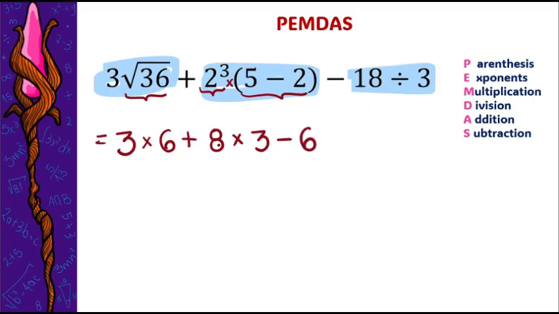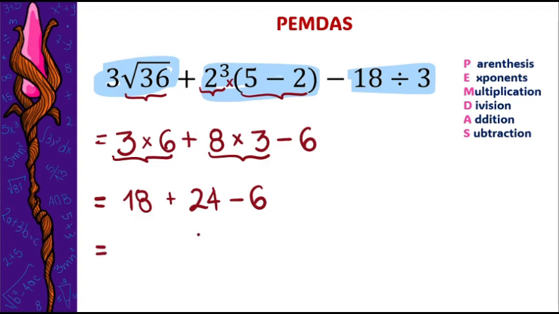Now we have just multiplications, addition, and subtractions. Multiplication goes first, so we do 3 times 6, which is 18, plus 3 times 8, which is 24, minus 6. Addition and subtraction, we could do in any order. So I'm going to do 24 minus 6, which is 18, plus 18 for 36. And that's the final answer.